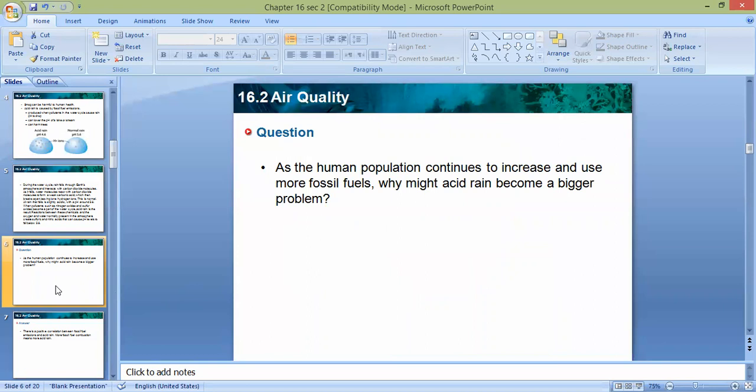As the human population continues to increase and use more fossil fuels, why might acid rain become a bigger problem?